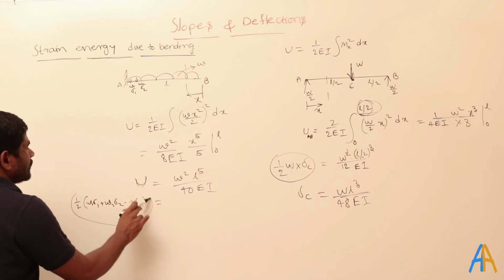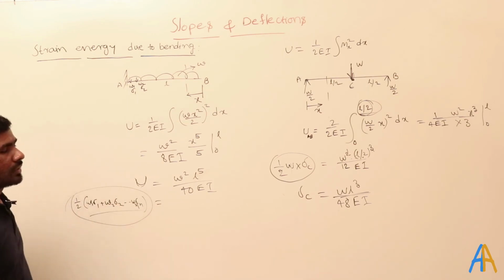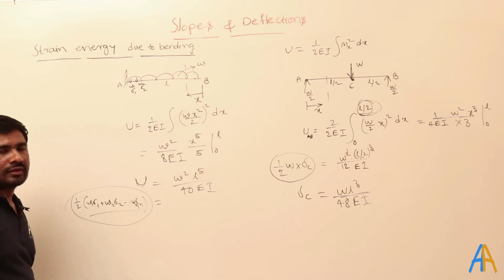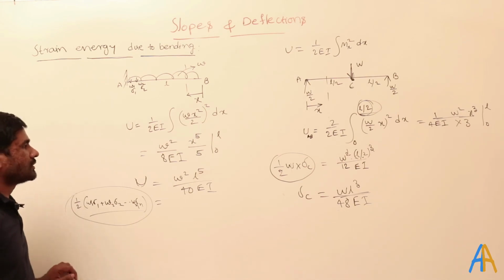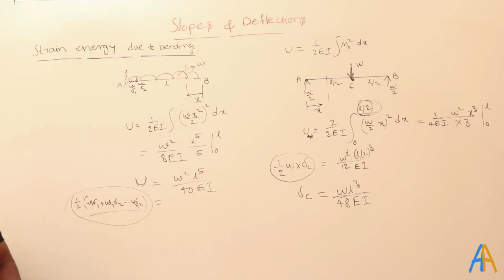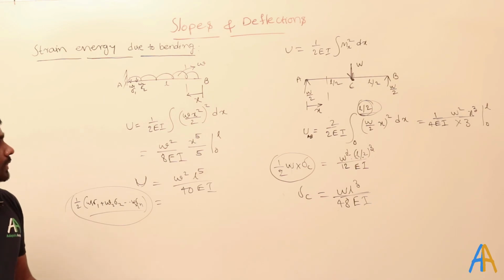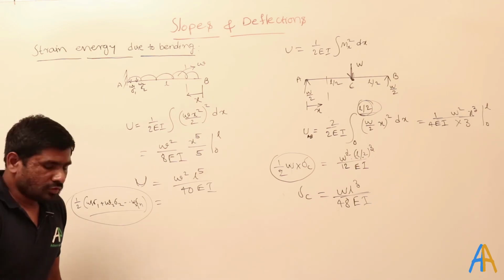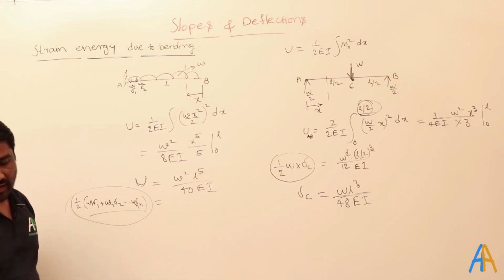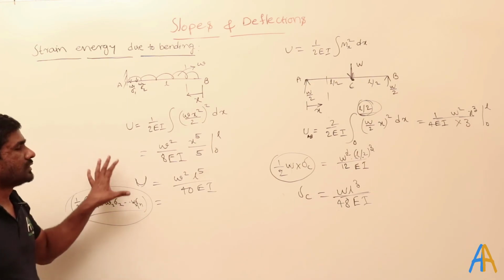So there is no single W here, but n number of W acting all along the length of the beam. In such cases, how to find this? To simplify the problem, one scientist suggested a simplification method. His name is Castigliano. We will see that method now.